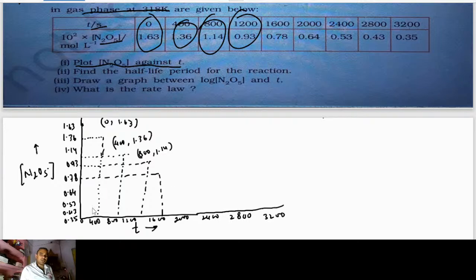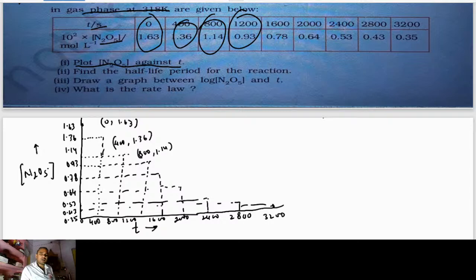Then 2000 and 0.64, so it comes here. Next one, student, is 2400 and 0.53, so it is coming like that. Similarly, and finally this will be here.